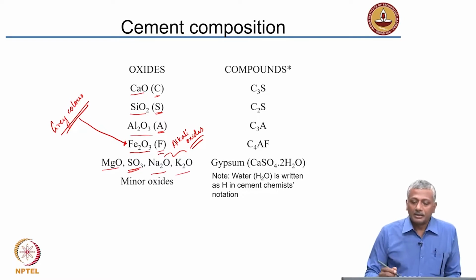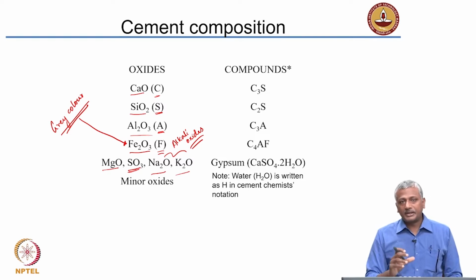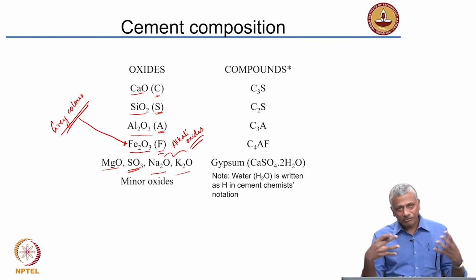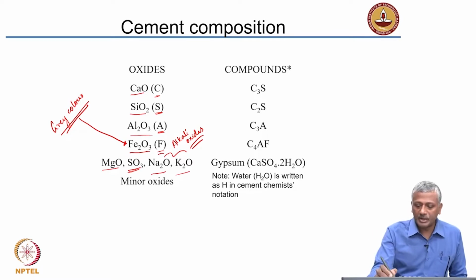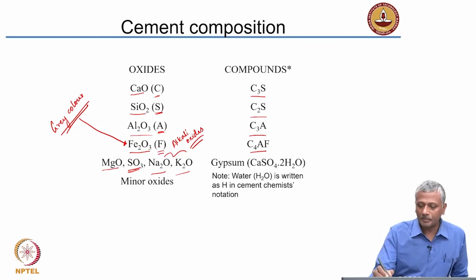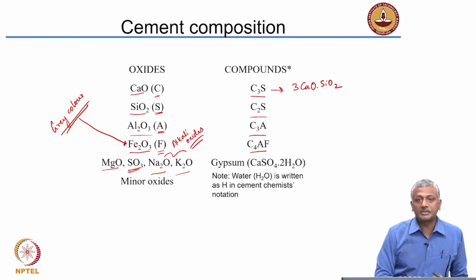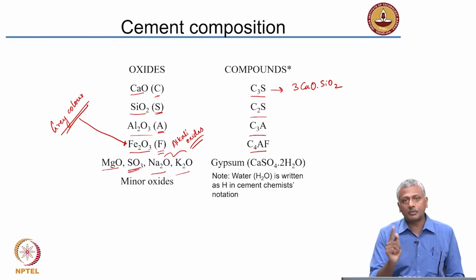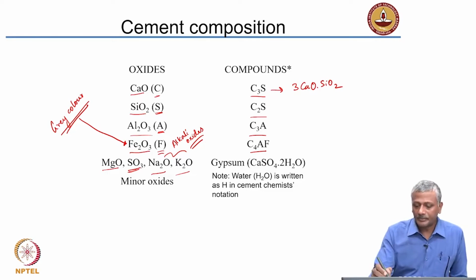Now, as I said, in the kiln burning, the raw materials are mixing up and then getting fused to form some compounds. So, you have these four primary compounds that are forming. What are these compounds? C3S is a mixture of calcium oxide and silicon dioxide. It is typically written as C3S to mean that it has 3 parts of calcium oxide and 1 part of silicon dioxide.